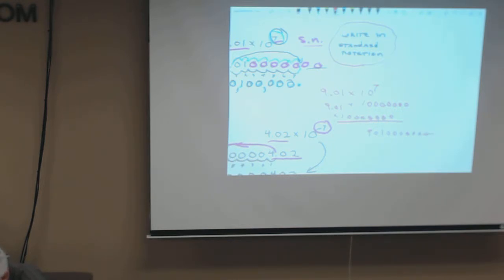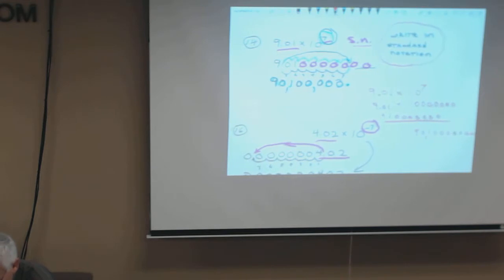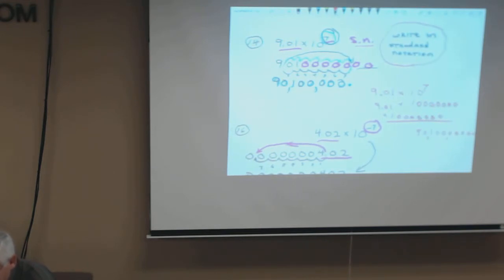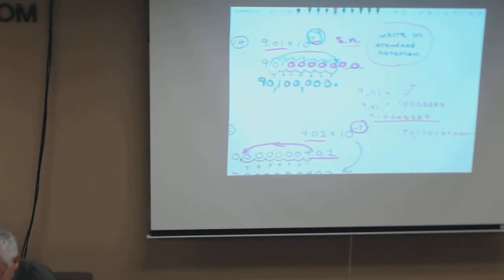So it would be 90,100,000. Is that what I got? 90,100,000. Just by annexing zeros and then moving the decimal point over 7 places.